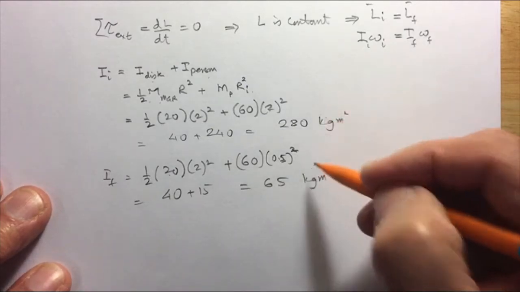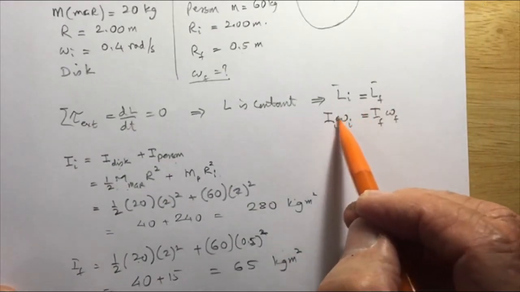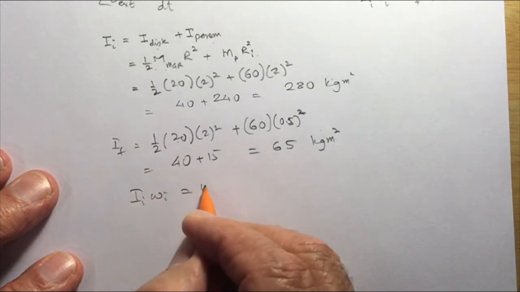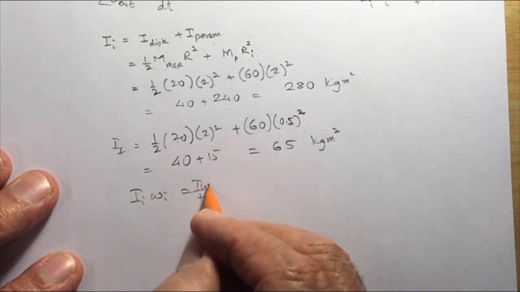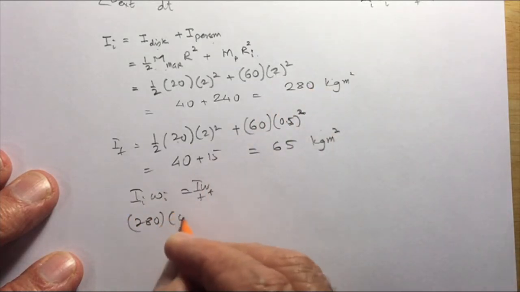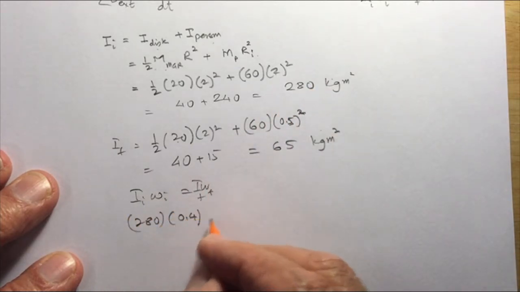The moment of inertia has reduced a lot, and so when we plug these in here, let's say I initial omega initial equals I final omega final. The I initial is 280. The omega initial was 0.4 radians per second.